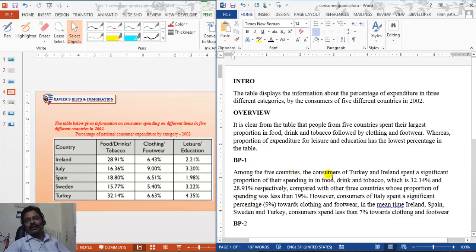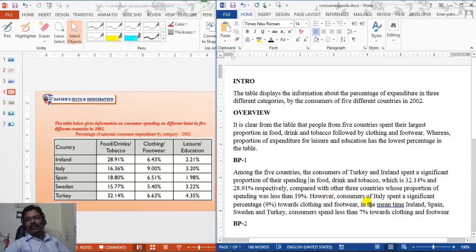Among the 5 countries, the consumers of Turkey and Ireland spend a significant proportion of their spending, sorry, here double N is there, in food, drink and tobacco, which is 32.14% and 28.94% respectively, compared with other 3 countries whose proportion of spending was less than 19%. See, this is what I covered. I covered these maximum 2 figures, and then for the other 3 I have written less than 19%. That means for this column I covered almost all the data items, right?